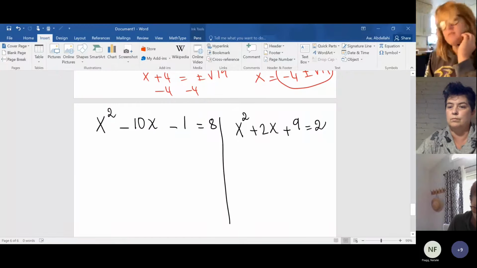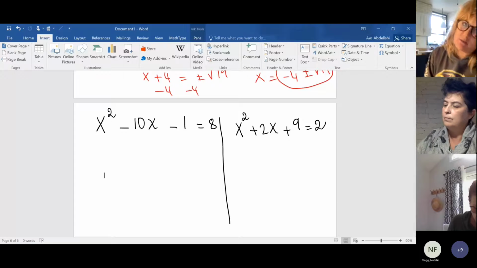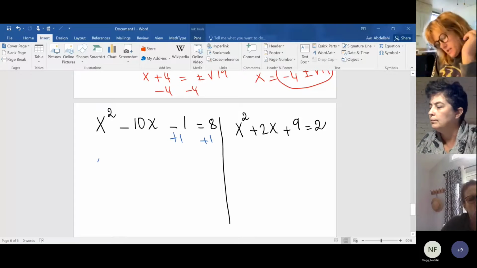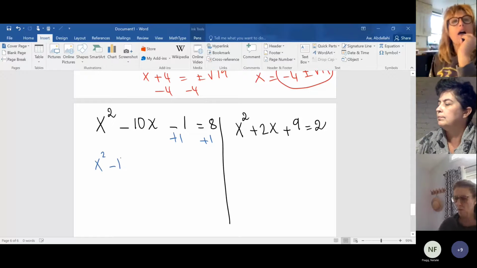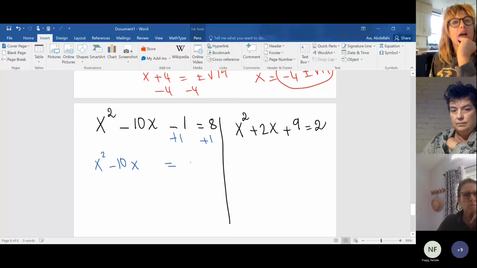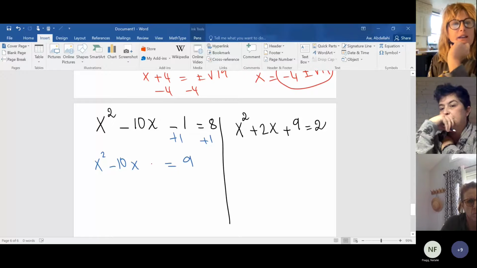Well, let's see. We bring the 1 over, +1 on both sides. So we get x² - 10x = 9. Okay. And then I put a little blank there, so I know half of -10 is -5, and that squared would be 25.